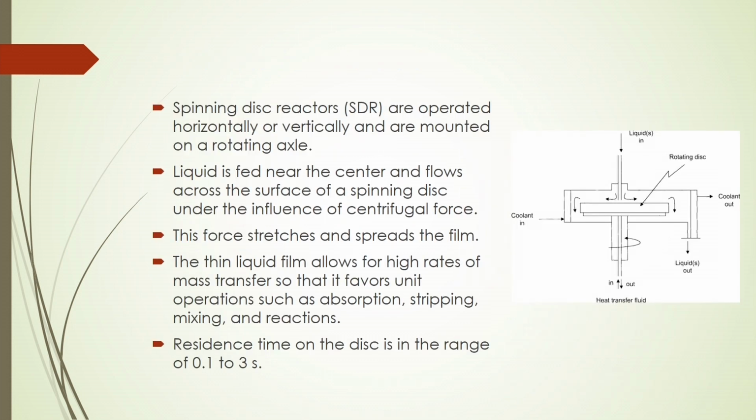Spinning disc reactors are generally operated horizontally or vertically and are mounted on a rotating axle, and the liquid is fed near the center and flows across the surface of the spinning disc under the influence of centrifugal force.